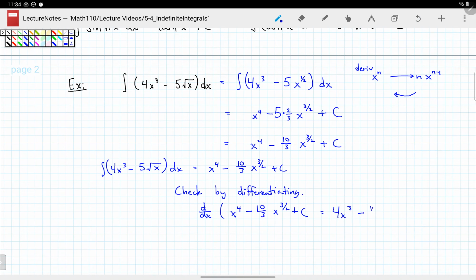And then we have 10/3 times 3/2 times x to the 1/2 power, and then plus 0 when we differentiate that constant. So this is 4x to the 3rd minus, those 3's cancel, and I have 10 divided by 2, which is 5, 5, and x to the 1/2 is the square root of x, which is exactly our integrand.